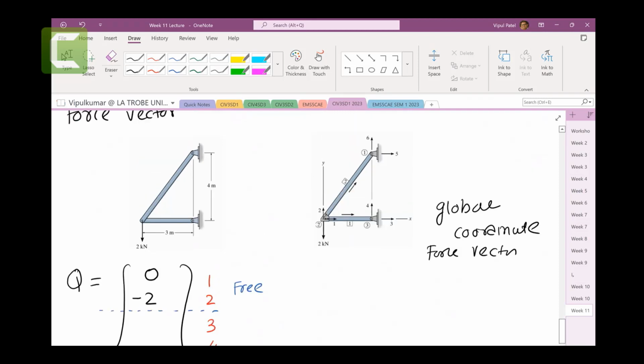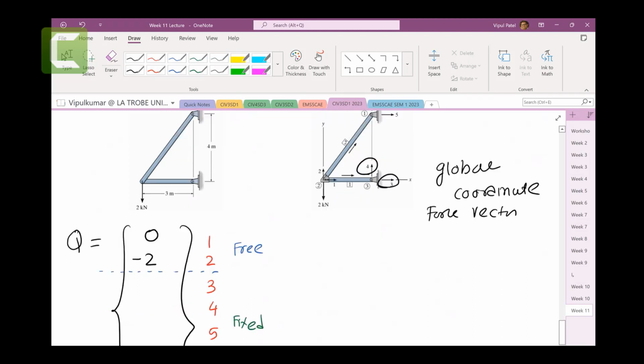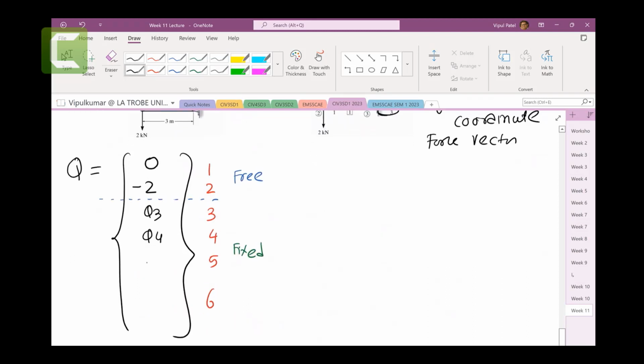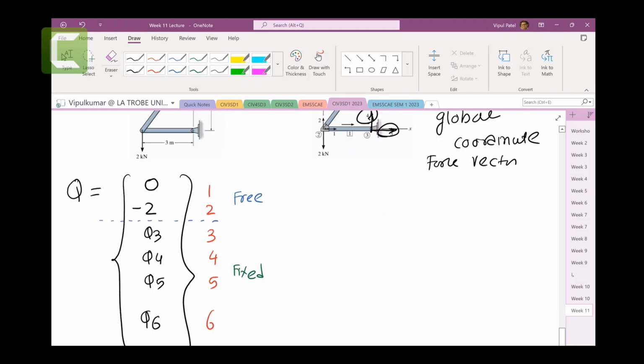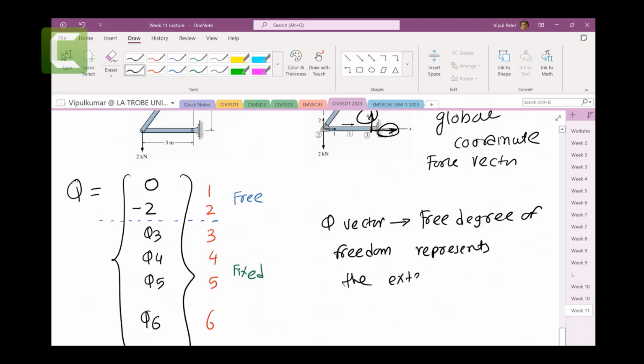When you look at the fixed degree of freedoms, you have Q3, Q4, Q5, Q6, which are your reaction forces, right? There is a reaction force here, which is unknown. So basically in the Q vector, there are a few things. In the Q vector, the free degree of freedom represents the external force.